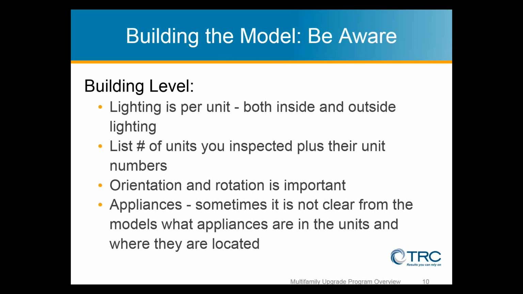And lastly, at the building level, we're also looking for appliances. Sometimes we're finding that it's not clear from the models what appliances are in the units and where they are located. So documenting these in your assessment report is very important.